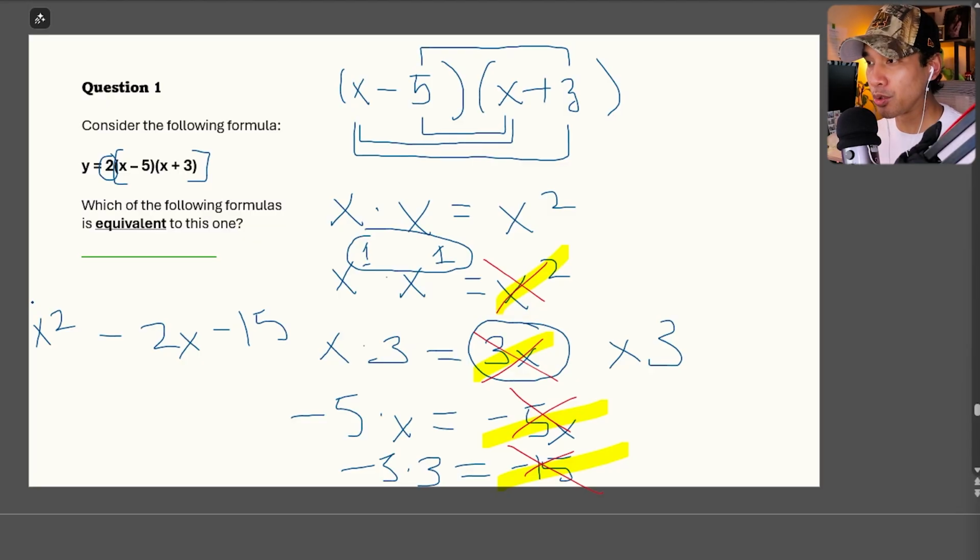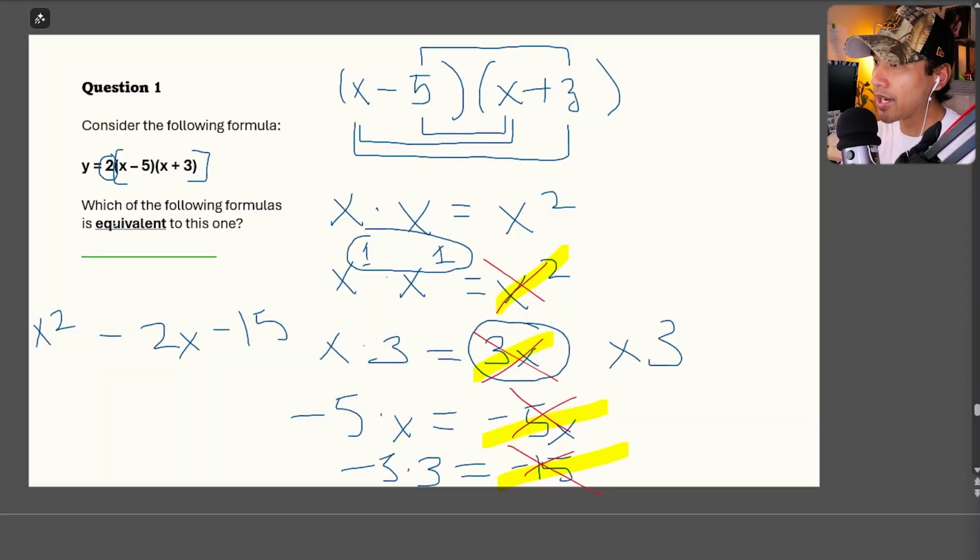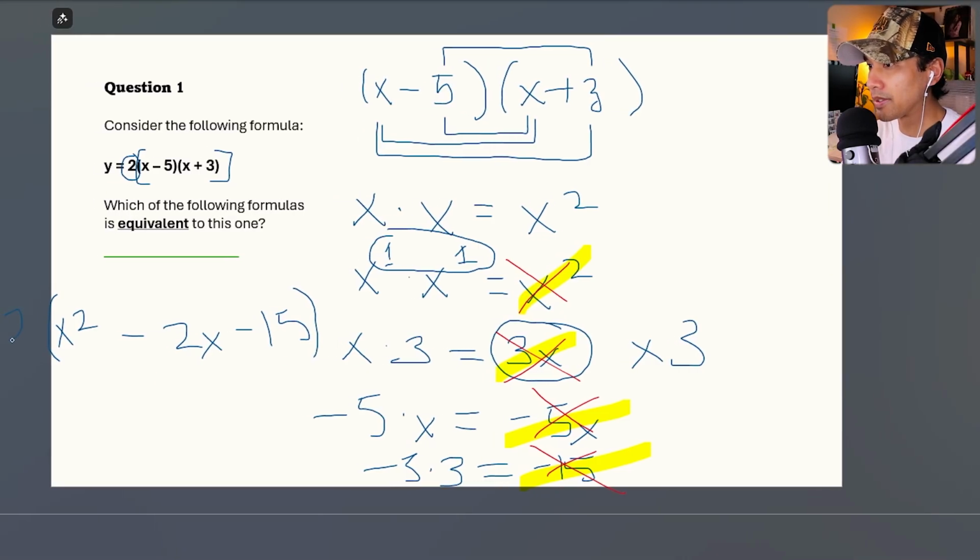I hope that you are getting the techniques that I'm doing, at least the parts where I'm using the FOIL method and the parts where I'm combining like terms, because this is the most important. Who cares about what they're actually called? Okay, so now we have this quadratic equation. We have these terms here, right? So what I would do next is I'll put parentheses around this, and I put this 2 here.